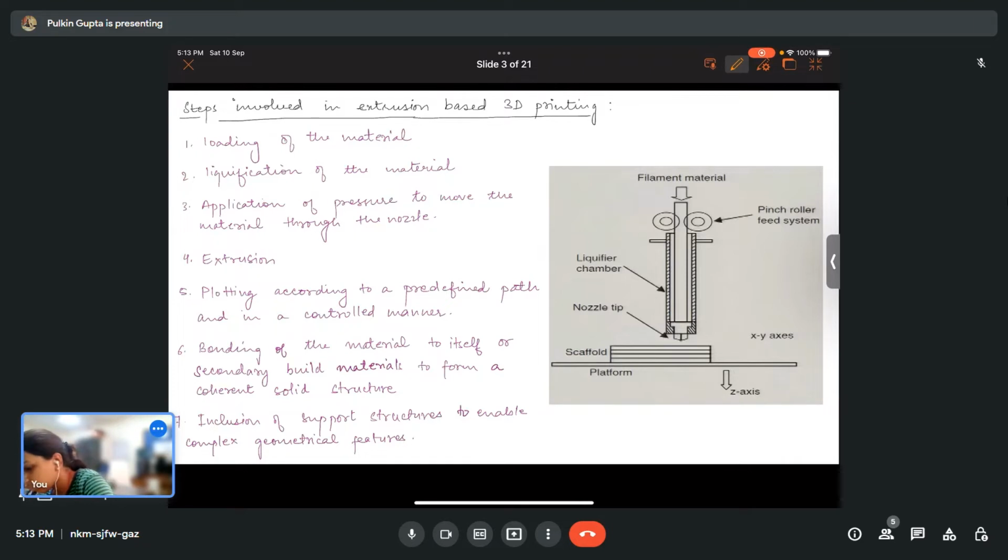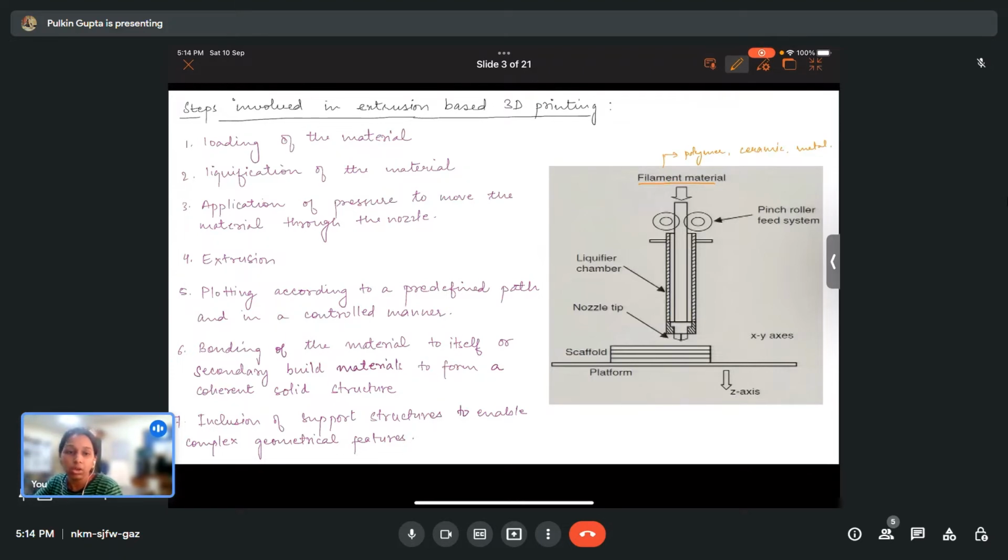Firstly, it is the loading of the material. Here we see towards the right in the diagram, which has been taken from the lectures itself, we have this filament material. This is usually a polymer, or can be a ceramic or metal, in any form, basically a wire.